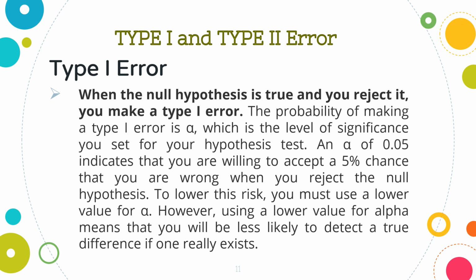So to lower this risk, you must use a lower value for alpha. However, using a lower value for alpha means that you will be less likely to detect a true difference if one really exists.